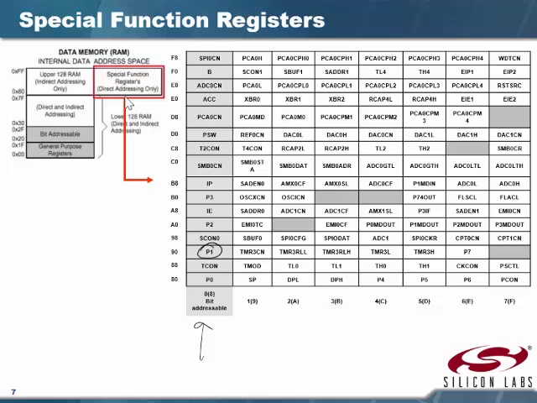We also have some other locations along here that are bit addressable. All these names, you don't have to remember their locations, because as you recall, we included a file called C8051F850 or something like that. That actually specified what all those are.